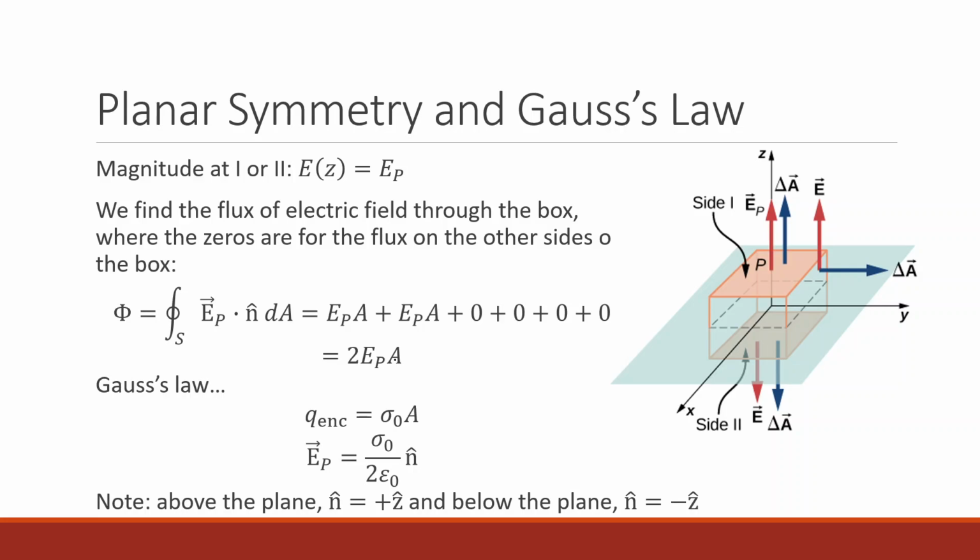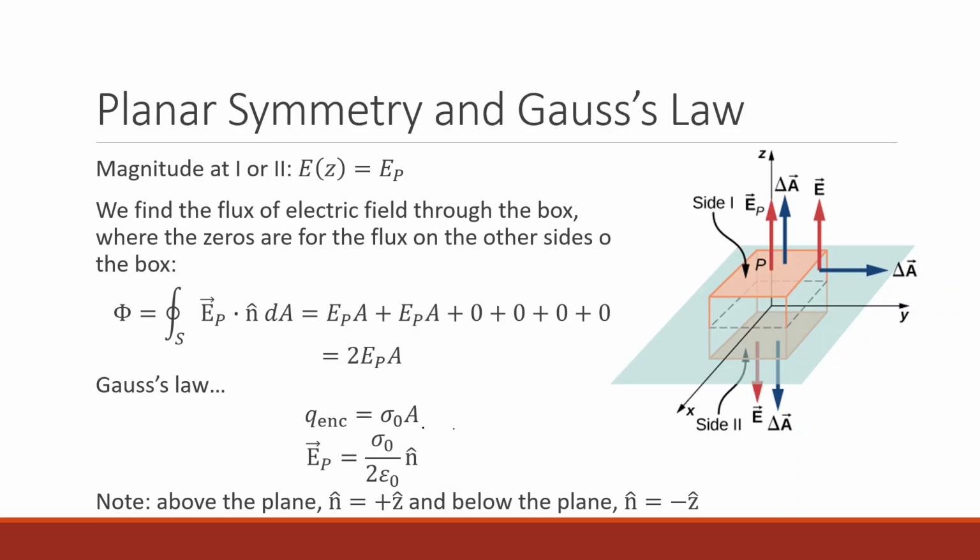We also need to look at our Q enclosed, which is going to be our density, sigma naught, times our area. Again, we'll use Gauss's law to plug that stuff in, and we will obtain our electric field, E_P, equal to sigma naught over 2 epsilon naught in the n hat direction.